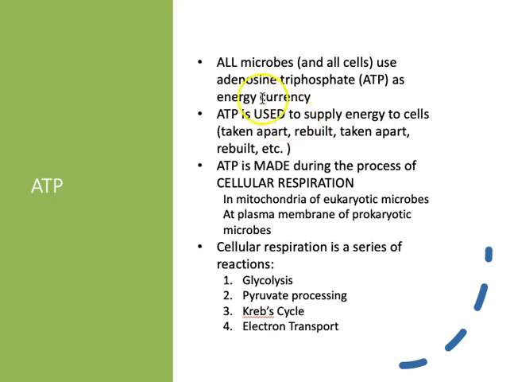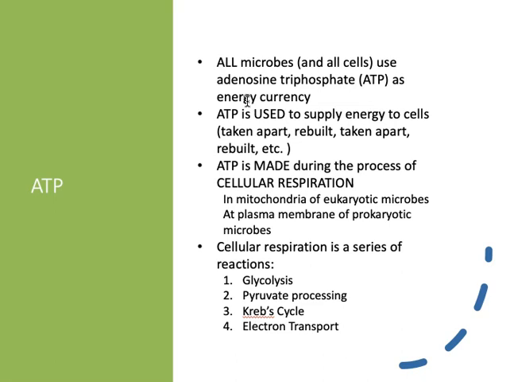When that phosphate group gets put back onto ATP, a new covalent bond is built. Electrons get stored in that bond, and that anabolic process requires energy, consumes energy. So ATP gets broken apart, and a little energy gets released.